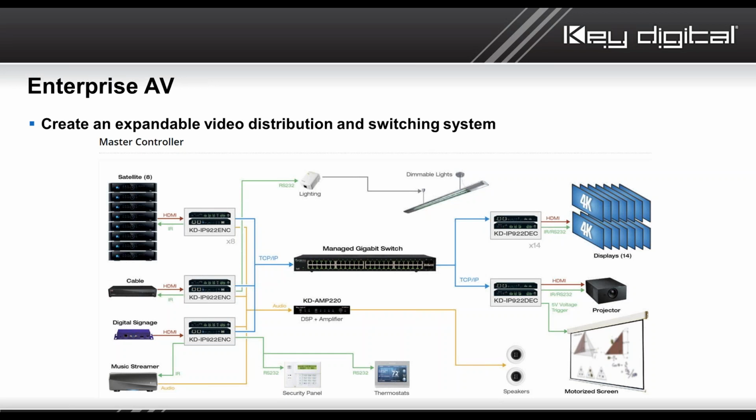In fact, because the KeyCode Open API is published, any control system or computer can speak to any of these IP922 units and say, hey, port number 1, 2, or 3, you should be IR or RS-232 or voltage trigger, and here is the command, and here is the speed of the command in RS-232. That's called the baud rate, the burst frequency, and the IR burst information in IR, or just voltage triggering or voltage sensing, high or low data.